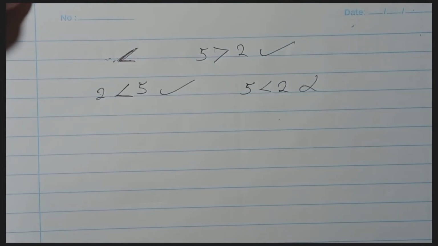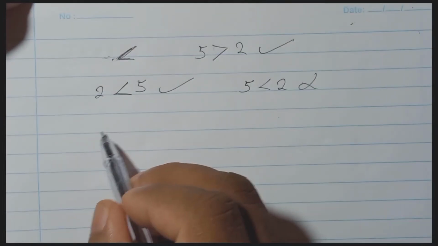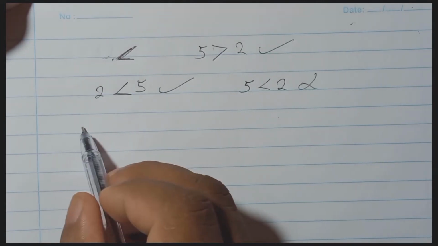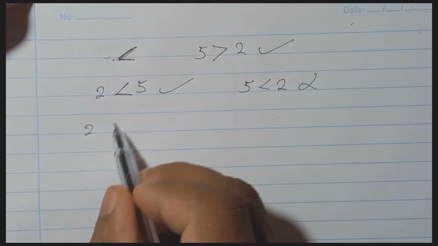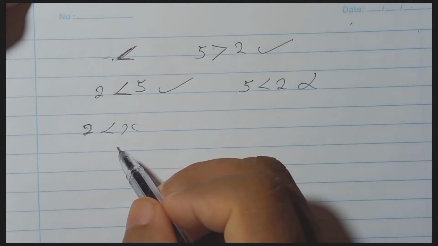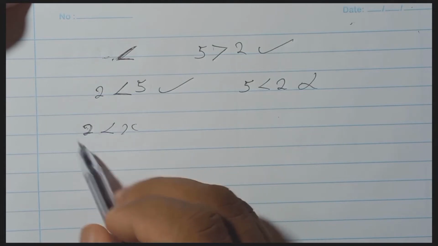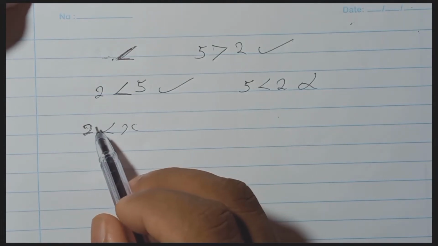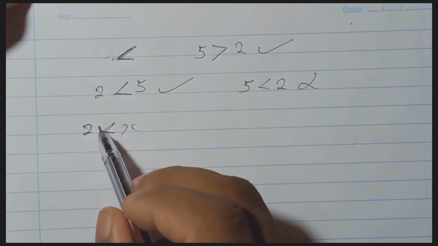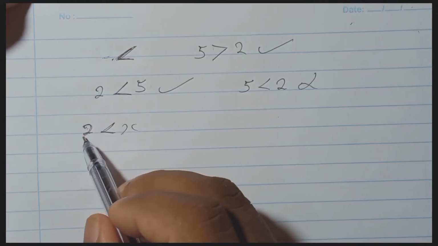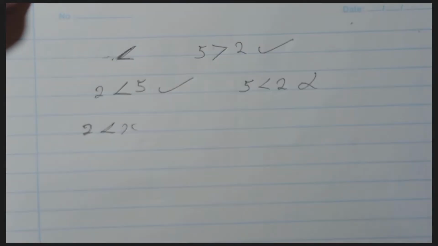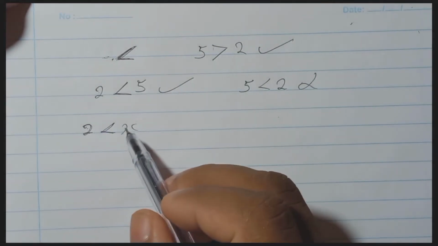And sometimes, remember, they will put an unknown letter, for example like this, 2 less than x. Now what does it mean? The idea is always the same. With the less than sign, the left side is small and the right side is greater, so x is an unknown value, an algebraic letter.